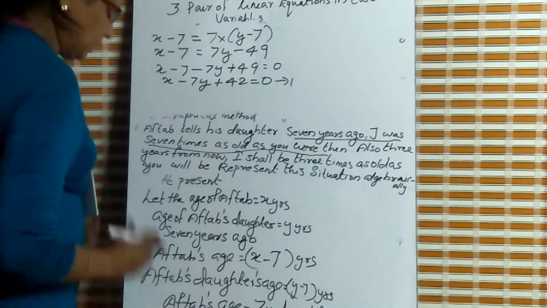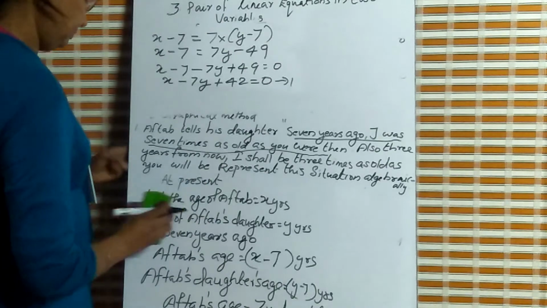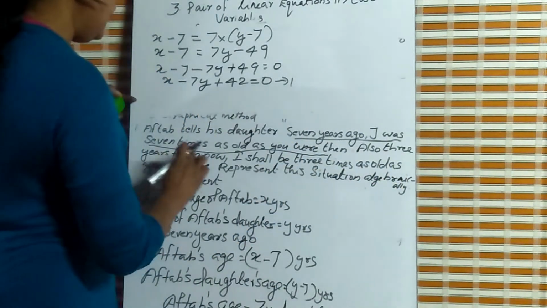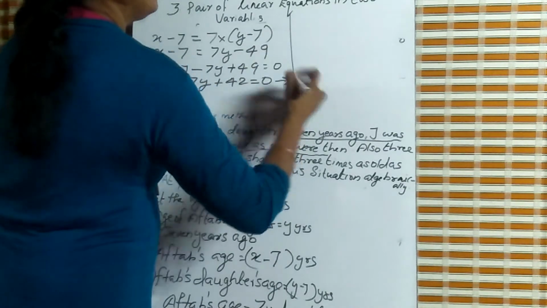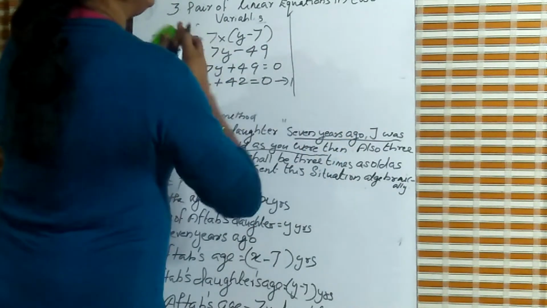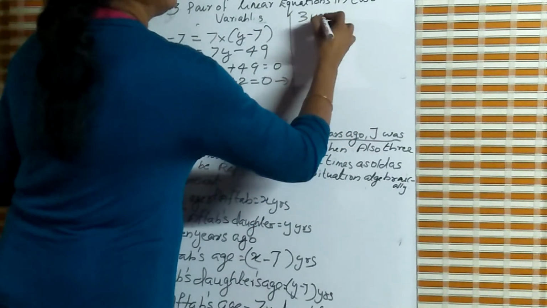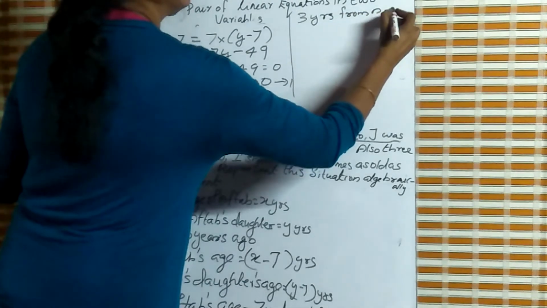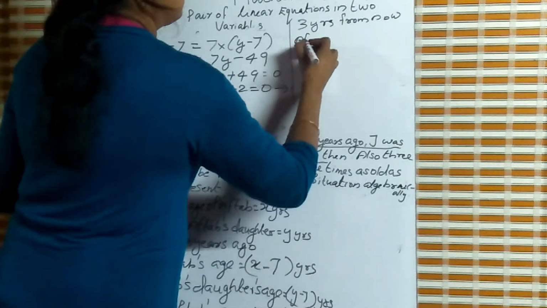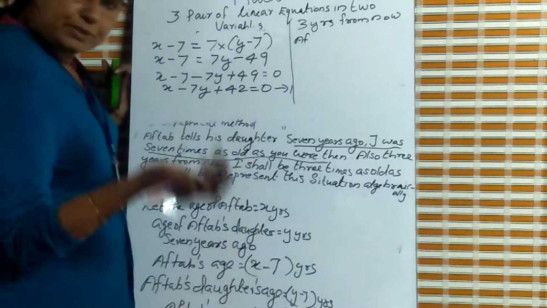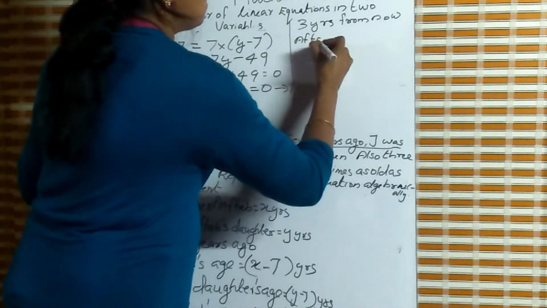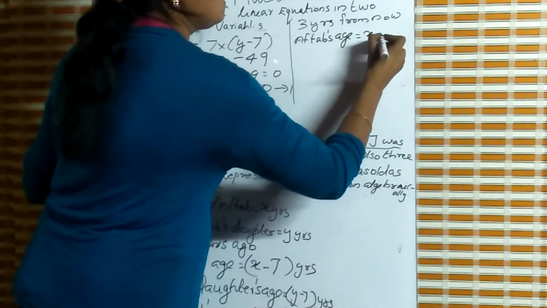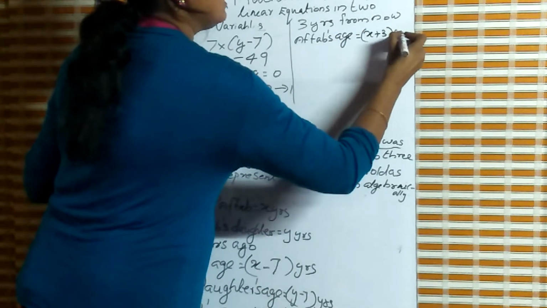Then look at the second part. Also 3 years from now. Right? 3 years from now means after 3 years. What is Aftab's age? x plus 3 years.